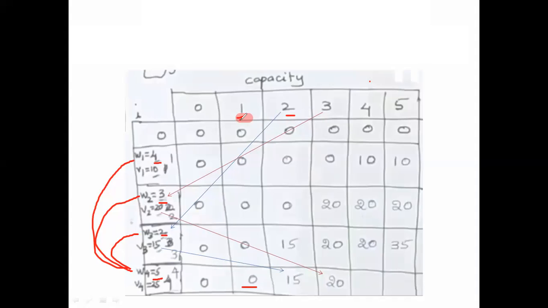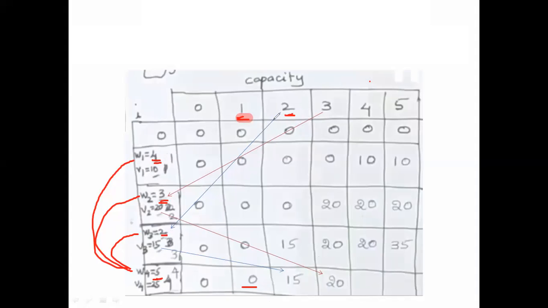So when we are dividing the problem, in a 1 kg bag we cannot hold a 5 kg weight. So it is 0. When you are going for 2 kg capacity, you have to check the previous weights also. It is 4 kg, 3 kg, it is 2 kg. So a 2 kg capacity bag we have.